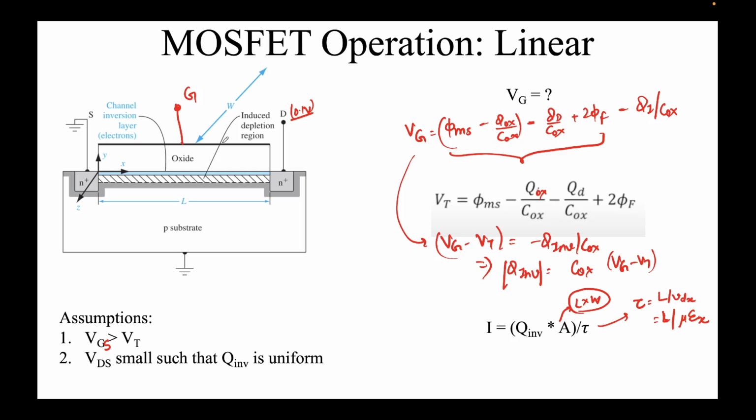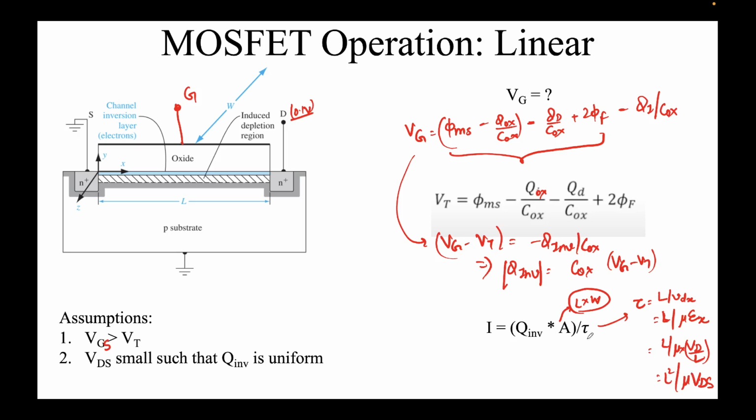Since I am applying a very low potential, I can simply write L by mu, Vd by distance. Electric field is Vd by distance, so this will come out to be L square by mu Vd. Vd is the drain bias, VDS, let's say.